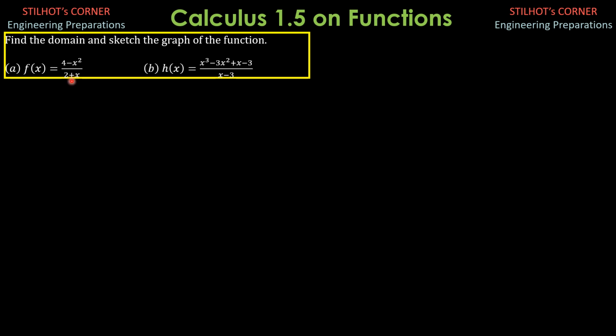So therefore, the restriction here should be 2 plus x should not be 0, or x should not be equal to negative 2. So if x is not equal to negative 2, that's the only restriction. Therefore, the domain would be the set of all real numbers except negative 2.